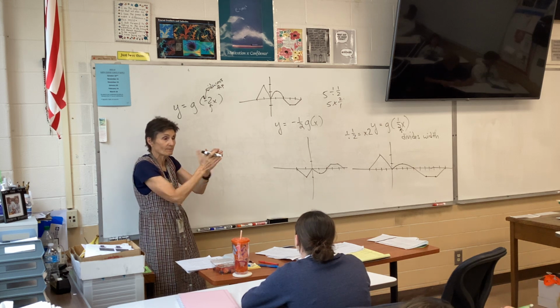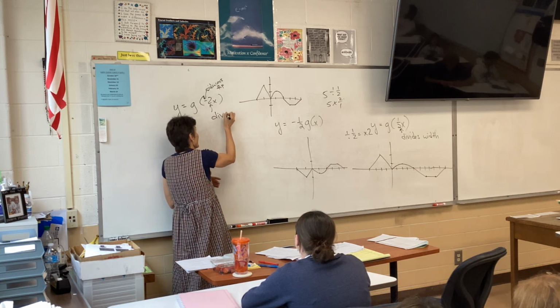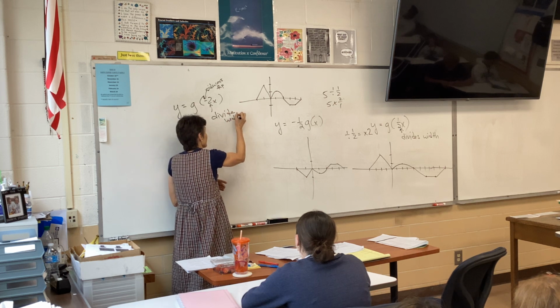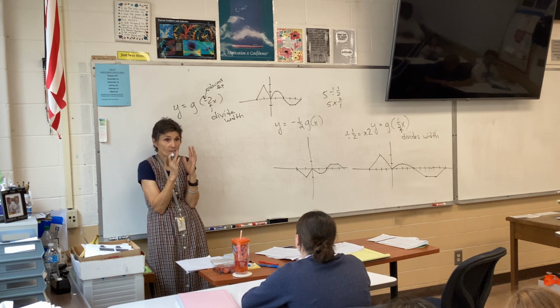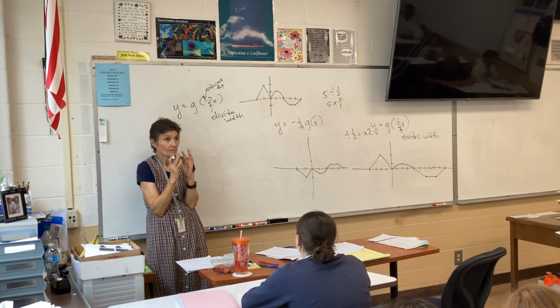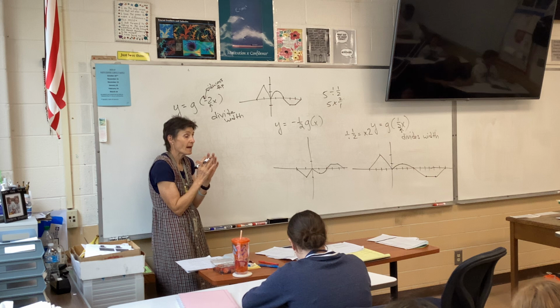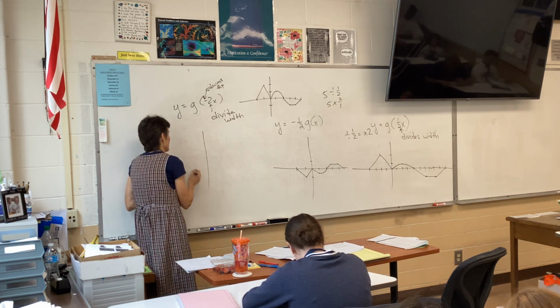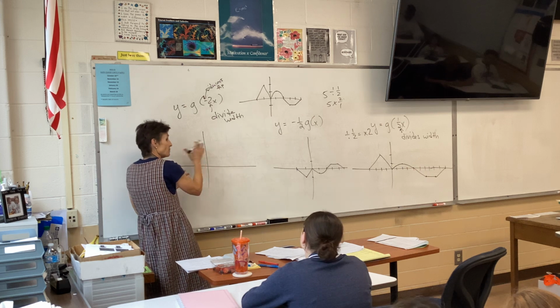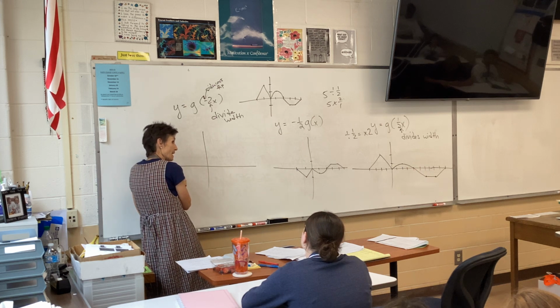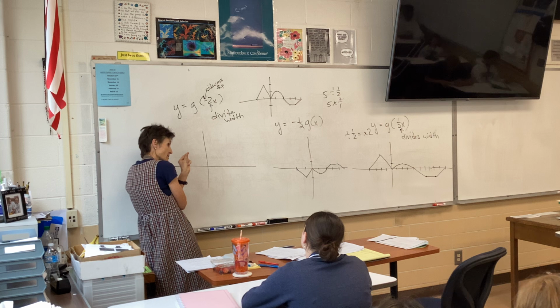Divide. So this is going to divide the width. So isn't this one going to be half as big as it was? Yeah. Divide by 2, it'll be half as big. So we're going to flip it sideways and make it half as wide.